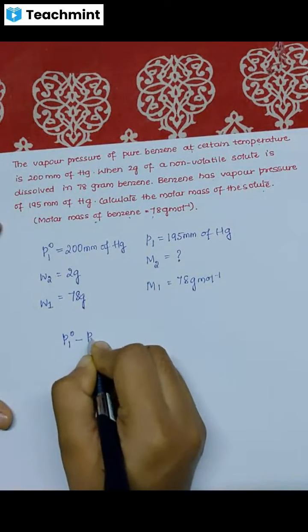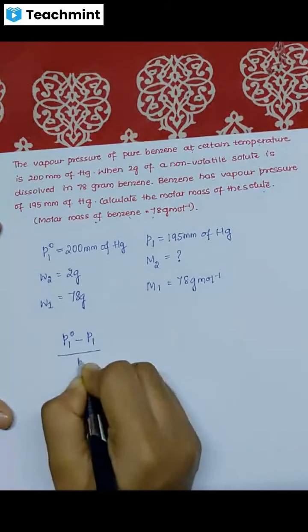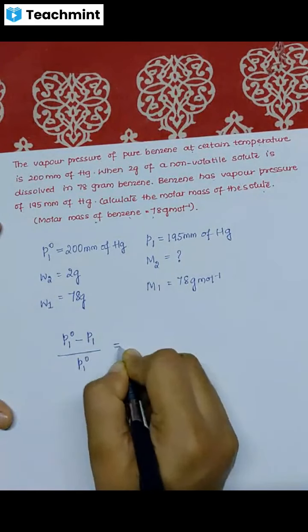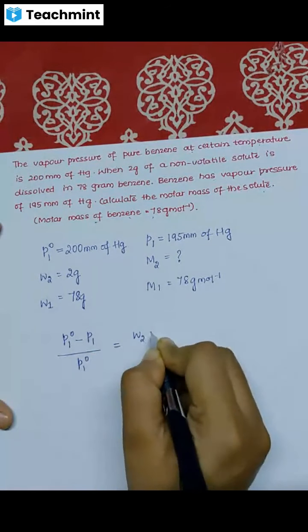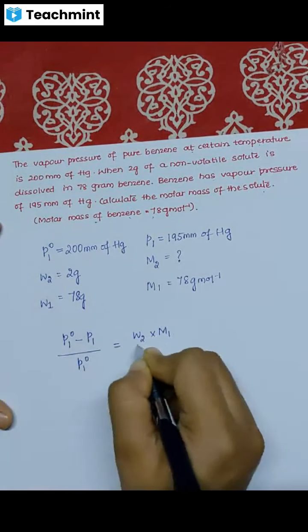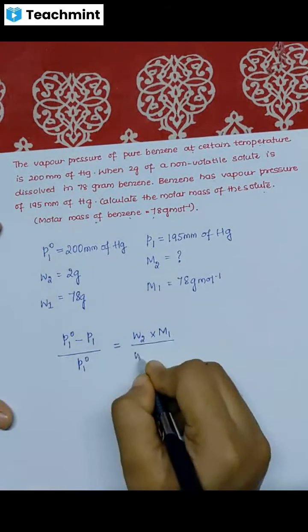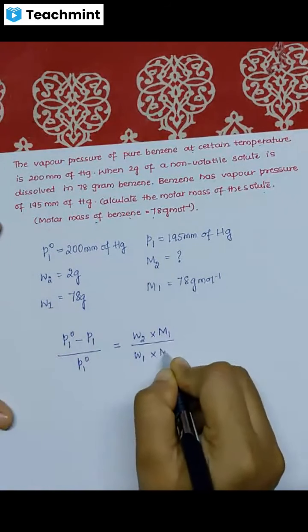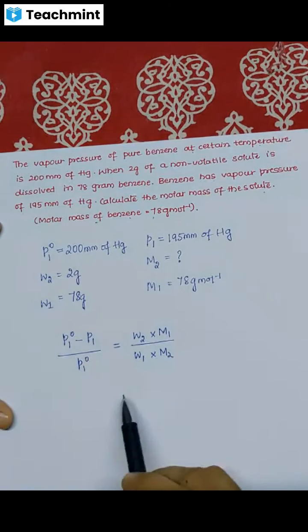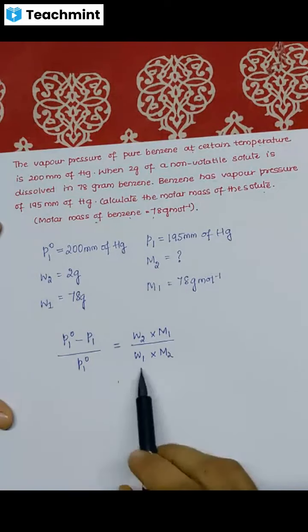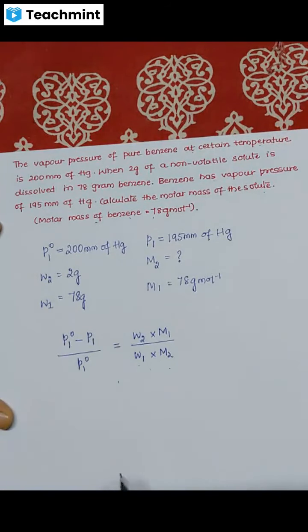P1 naught minus P1 divided by P1 naught equal to W2 into M1 divided by W1 into M2.